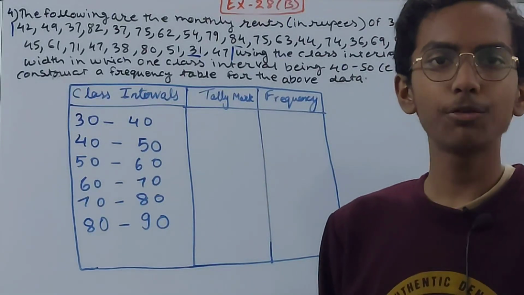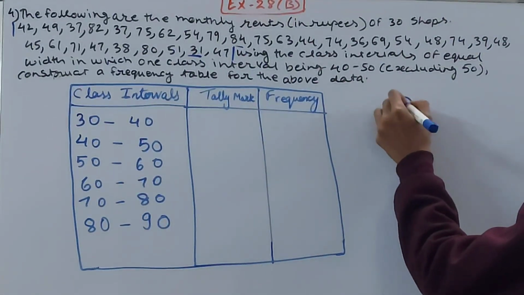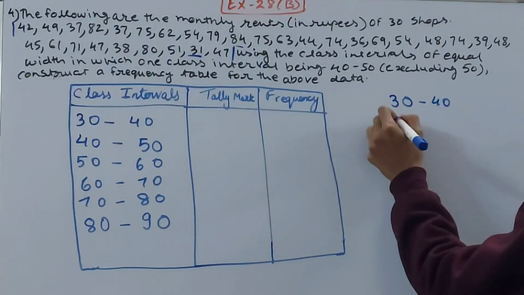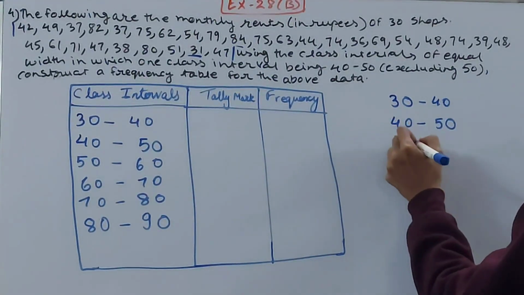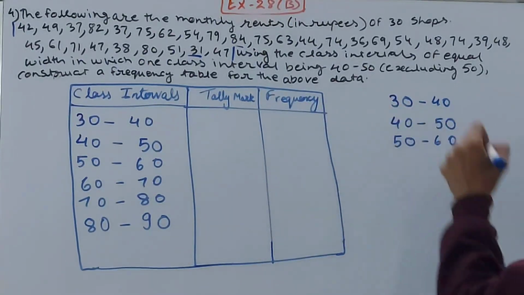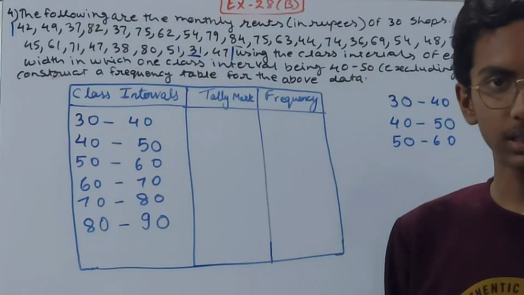Now be very careful and keep one thing in your mind. Whenever I say 30 to 40, and then 40 to 50, and then 50 to 60, these successive class intervals one after another are called continuous class intervals.